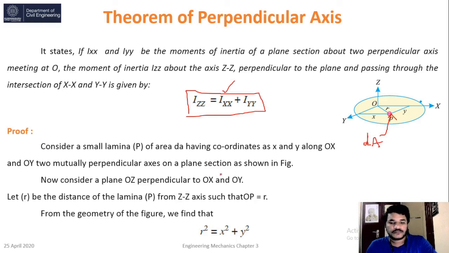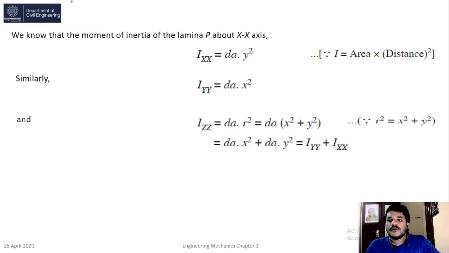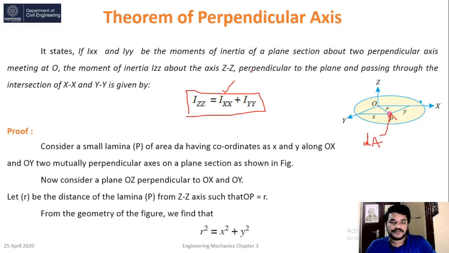Now we know the moment of inertia of lamina P about the xx axis: the general formula Ix is equal to dA into y square, area into distance square. Similarly, Iyy equal to dA into x square.